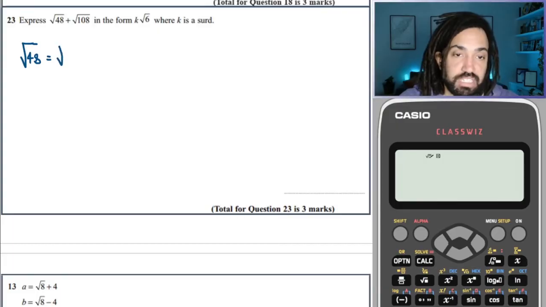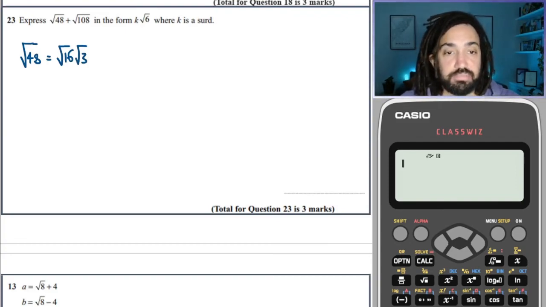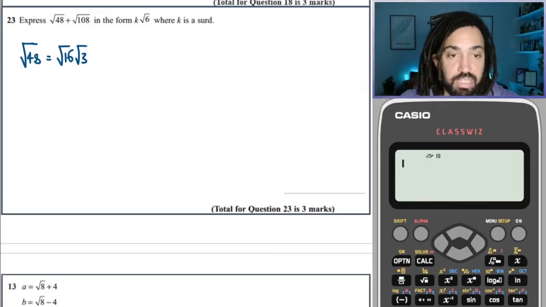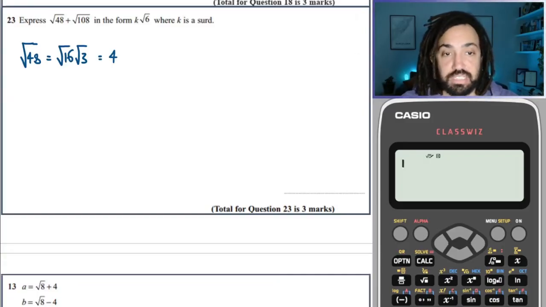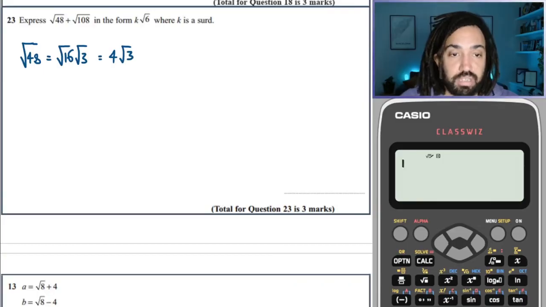So in this case that would be 16 because 48 is divisible by 16 3 times. Okay, so we could do that, and then this is the same as, because root 16 is a square factor, so therefore the square root of 16 is 4. So we get this.